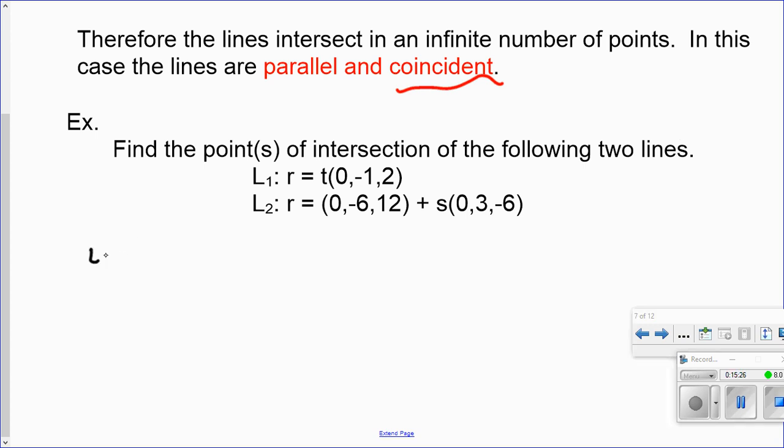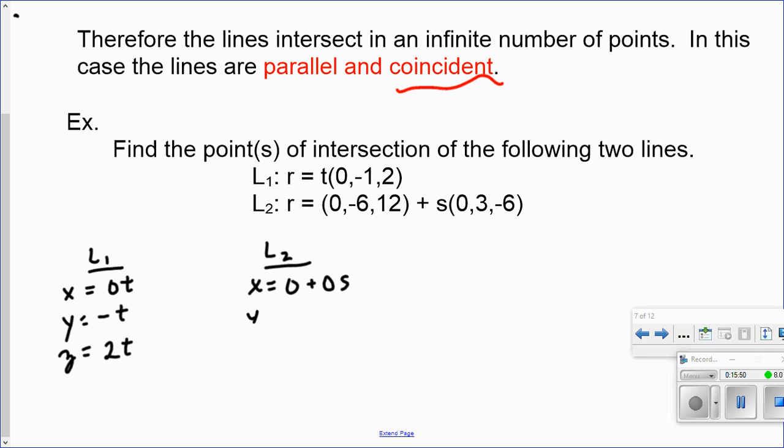In line 1, I'm going to let x equal 0t, y equal negative t, and z equal 2t. I don't have any point here, so it's just a parametric equation. L2 gives us x equals 0 plus 0s, y equals negative 6 plus 3s, and z equals 12 minus 6s.